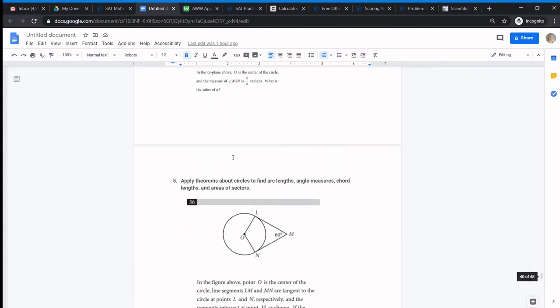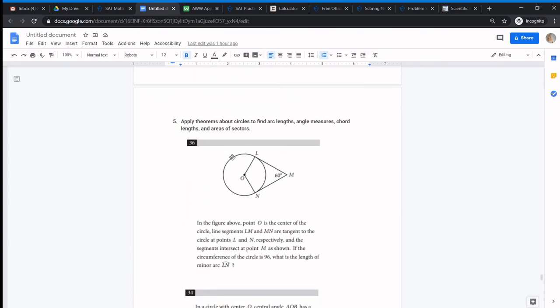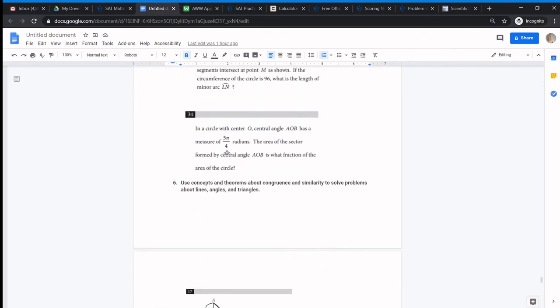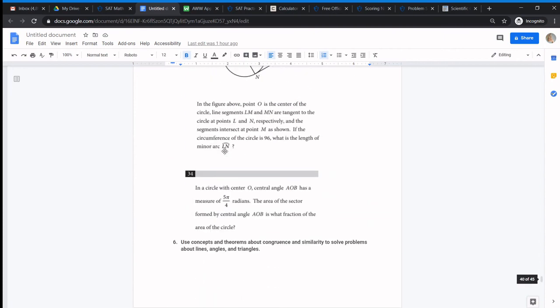Alright, let's look at the next one. Apply theorems about circles to find arc lengths, angle measures, chord lengths, and areas of sectors. Okay, let's check what these are all about.